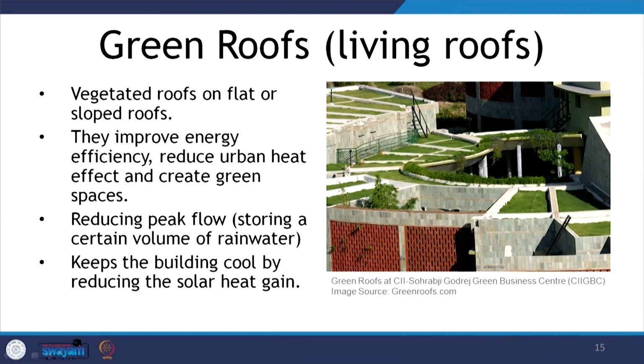Another important strategy is green roof. We have seen in the previous lecture that green roofs helped in reducing the amount of radiation which is absorbed by the hard surfaces, because the greenery on the roofs takes up all that solar radiation and heat to make their food, to carry on with processes like photosynthesis and others.